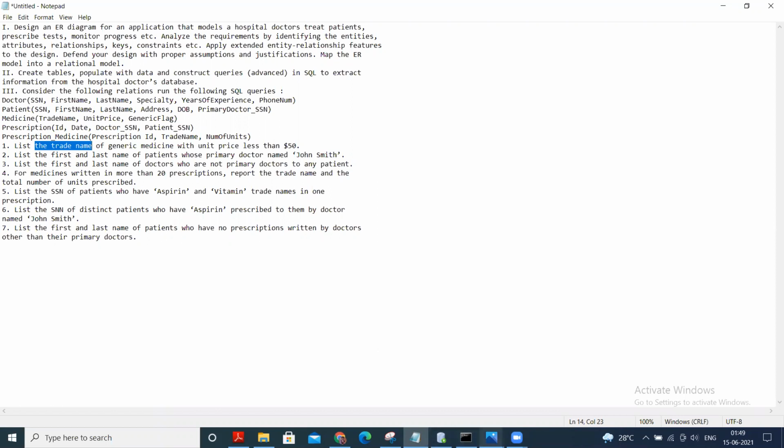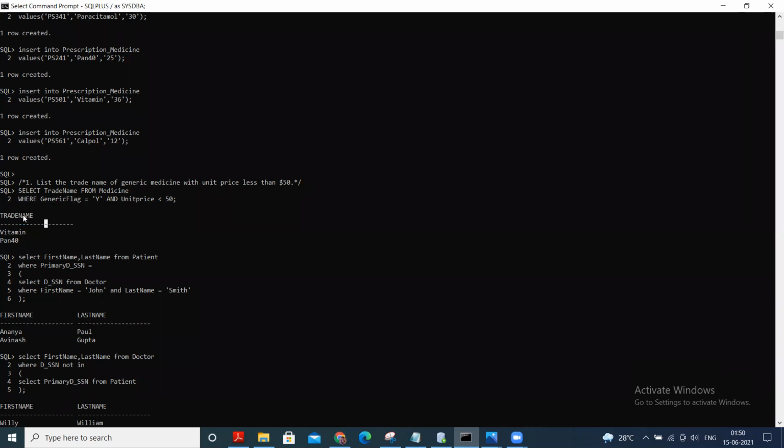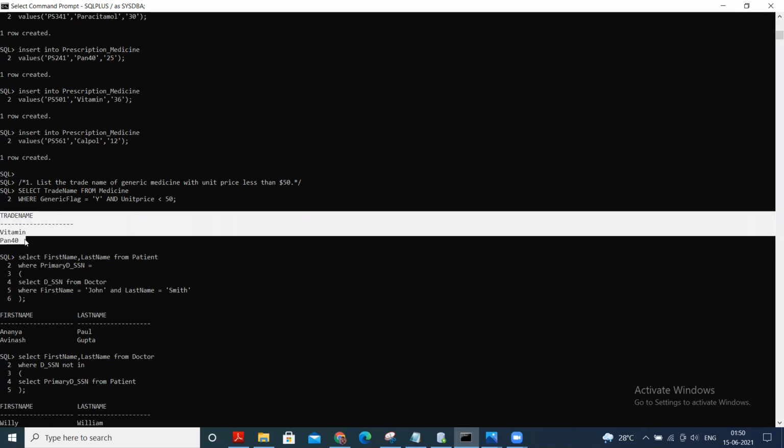So select the trade name from medicine, and in medicine it must be generic. So the generic flag must be Y, which we have added in the rows section of the medicine part, and the unit price must be less than 50. So these are two conditions. Conditions must be in the where section. So here the output is these two, vitamin and Pen 40.